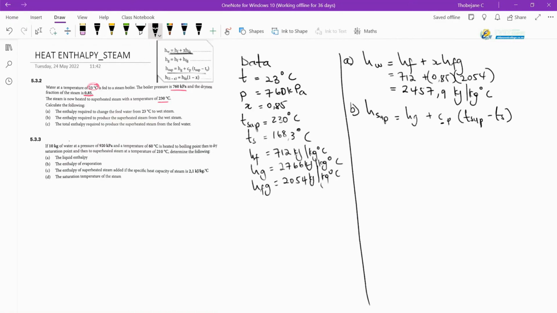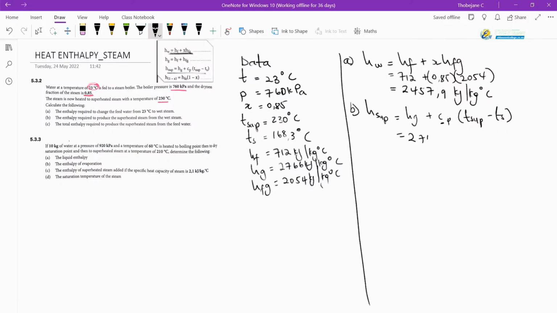You use that specific heat capacity of steam and you substitute it here, right? In this case, I will use the specific heat capacity of water, because I don't have the question paper before me to refer to. But when you have the question paper, you go and look at the specific heat capacity of steam, extract that value and substitute it here.